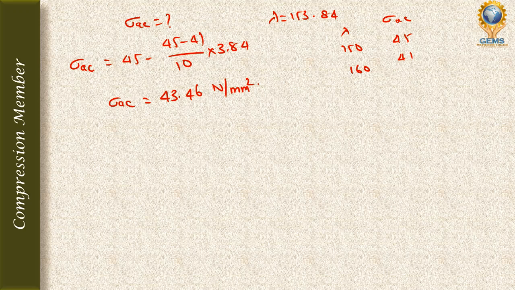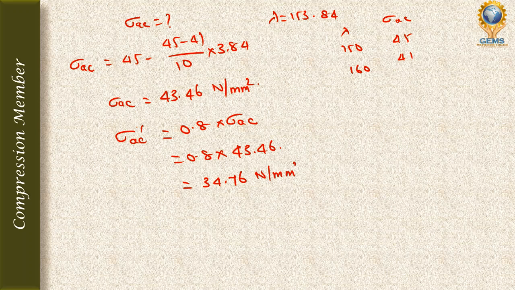So this is a single angle section, so our allowable axial compressive stress is equal to 0.8 times sigma AC. So 0.8 into 43.46 will give 34.76 Newton per mm square.